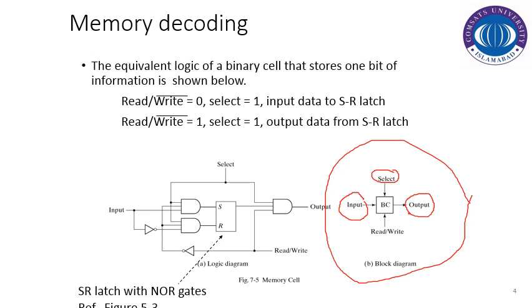The read/write control signal is responsible for deciding whether we are performing the read bus cycle or the write bus cycle, or the read operation or write operation in simpler words. So these are the four interfaces which each basic cell has.